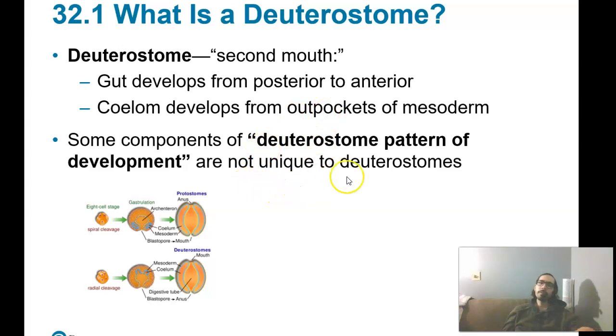But as they studied more animals and the way that they developed, they found that in protostomes, there's really a lot of variety, because some protostomes do develop the mouth first and then the anus. Others develop the mouth and the anus at the same time, and then others develop the anus first and then the mouth. Okay, so there's just a lot of variety with protostomes.